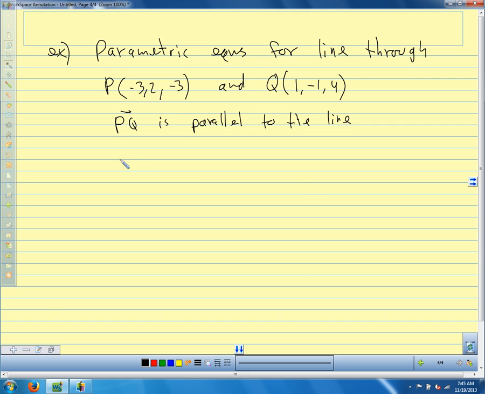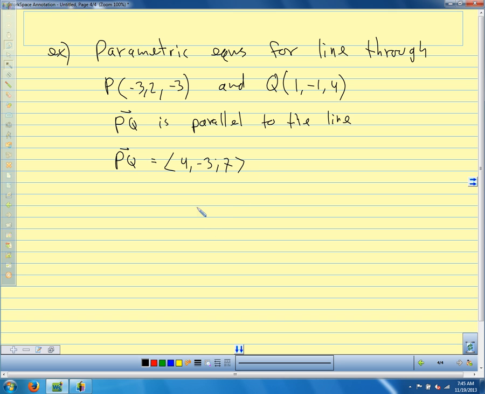So I'm going to write the vector PQ. I did PQ, I think you talked about QP. Doesn't matter which one. So PQ is going to be the vector ⟨4, −3, 7⟩. I'm just taking the vector from P to Q: 1 minus negative 3, negative 1 minus 2, 4 minus negative 3.